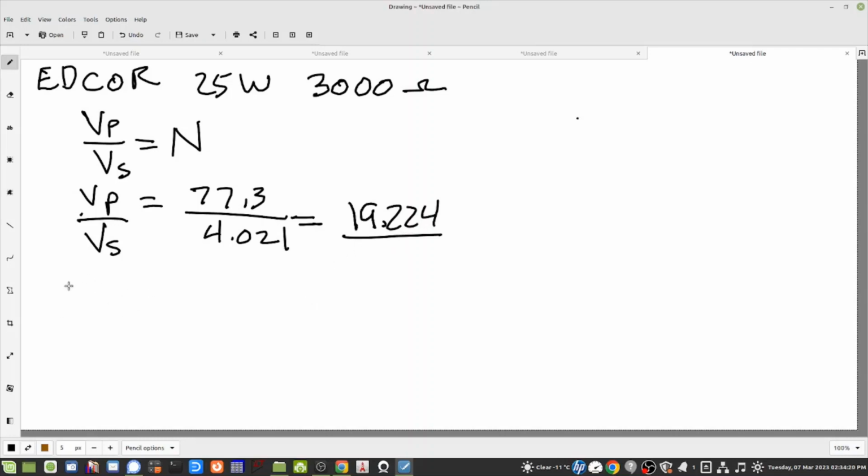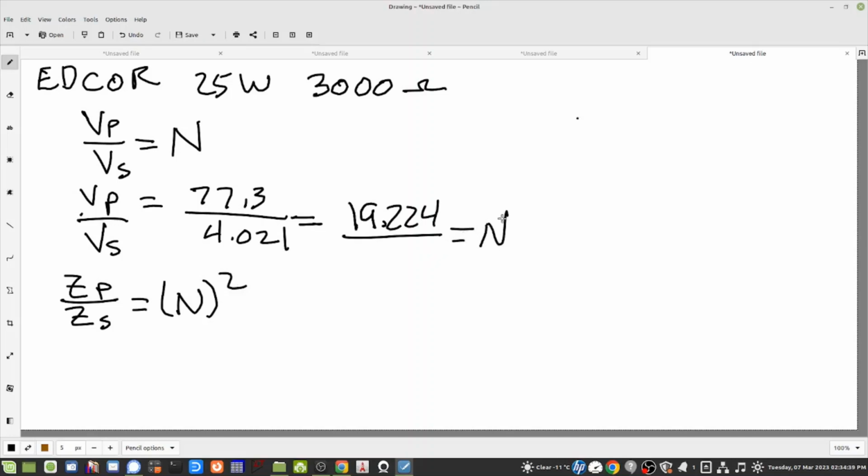So now our impedance transformation ratio says that if you recall, Z of the primary over the Z of the secondary equals the turns ratio N squared.